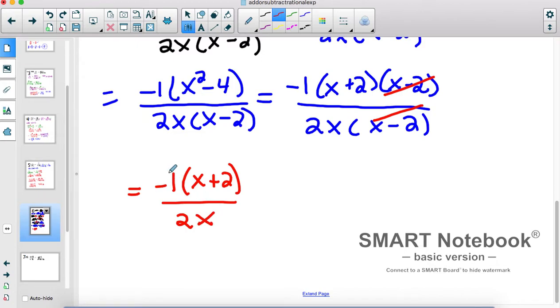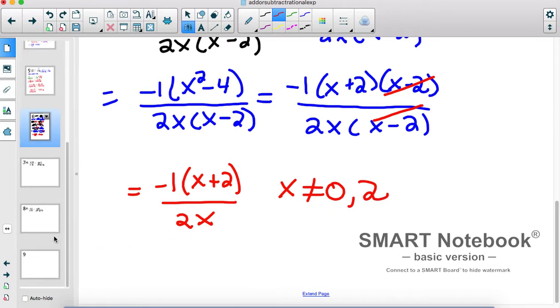You can distribute this negative 1 if you want, but it's not that important. Either way is fine. All right, restrictions now. If you look over here, your x can't be 0. And if you look at the x minus 2, your x can't be 2. And that is our final answer.